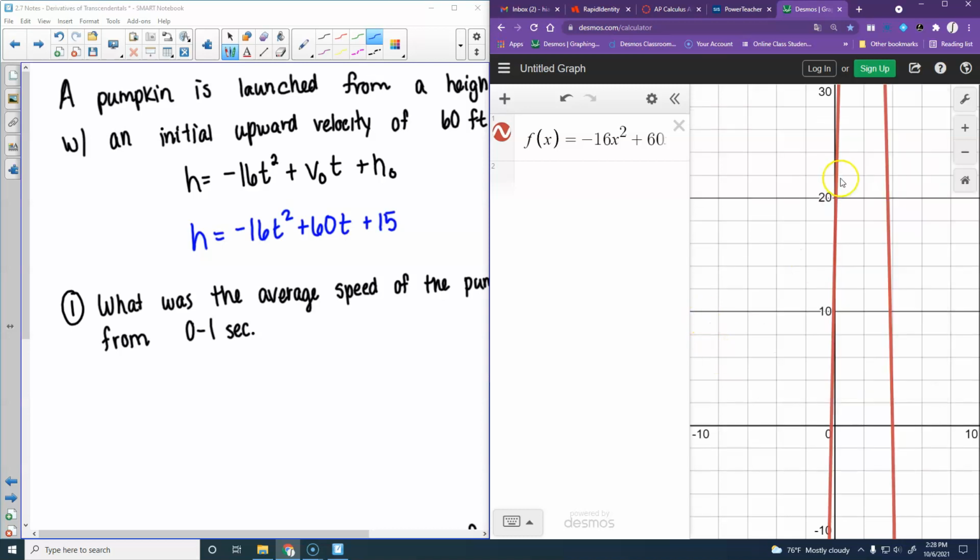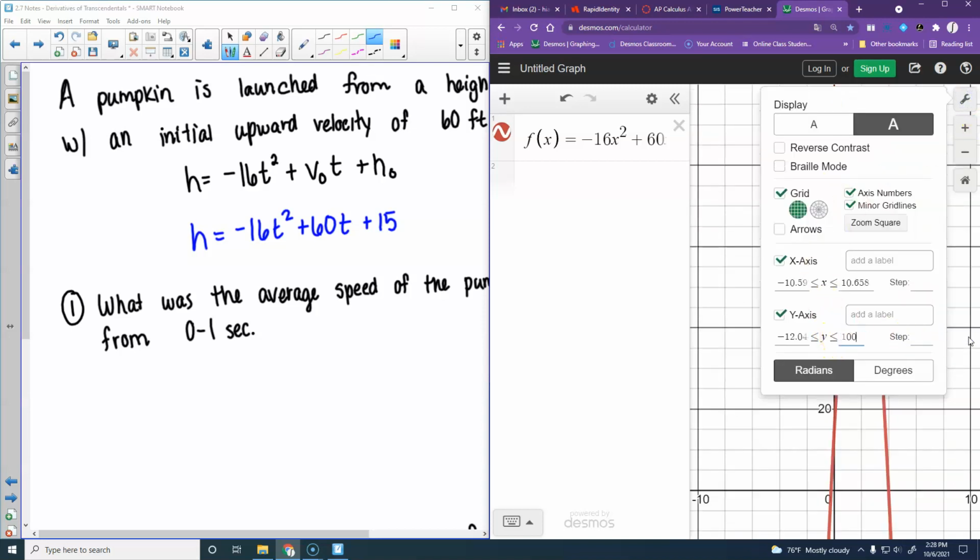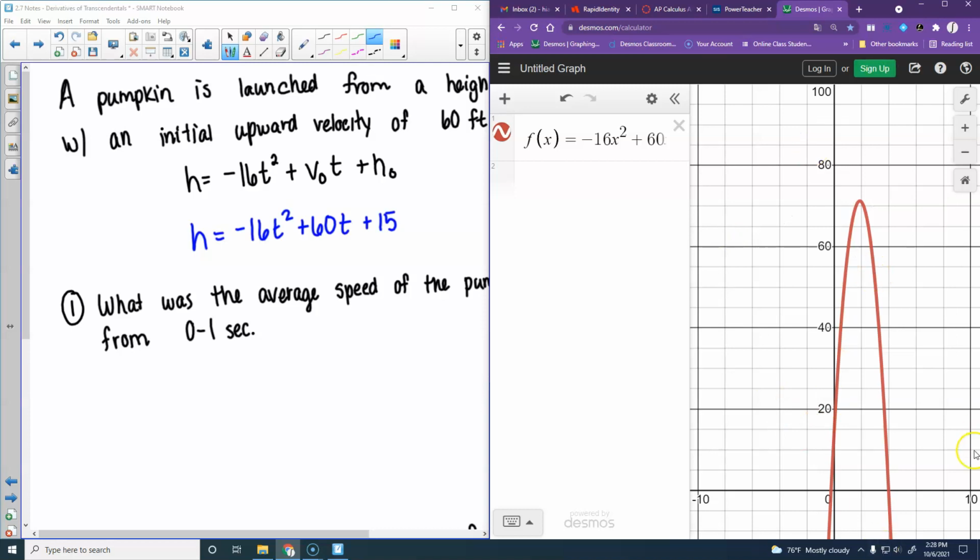Okay, so we got this. There's our height of our pumpkin. You sort of picture it going up, coming back down. So we're wanting to see 0, f of 0, and 1, f of 1.